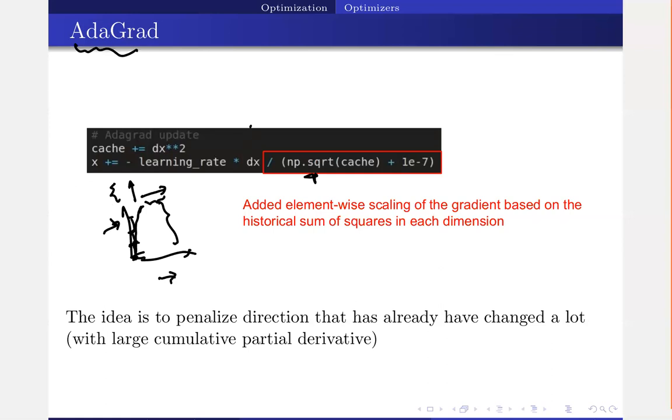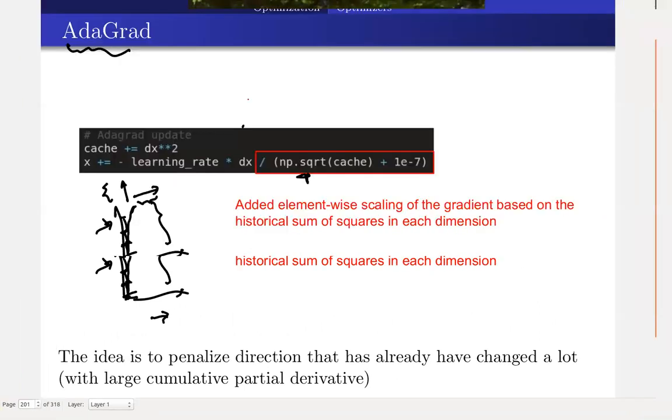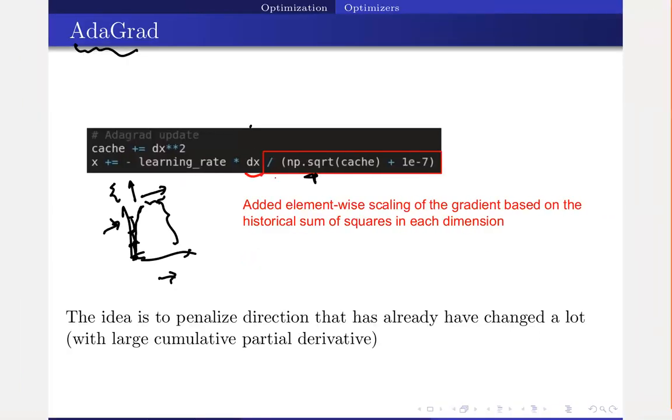So my dx is scaled by this cache here. The cache is essentially just a sum of squares of the previous derivatives along that direction. This is known as adaptive gradient, or AdaGrad.